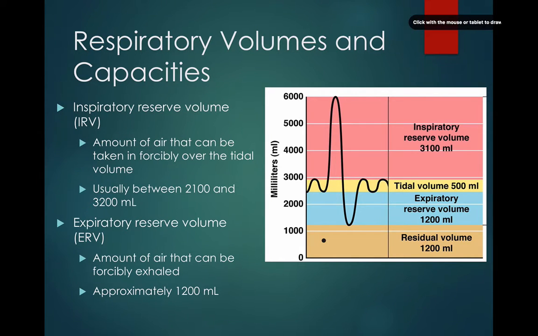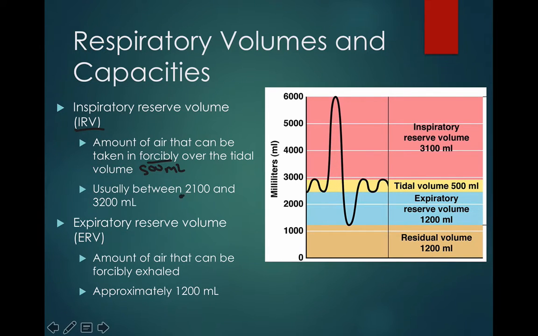All right, so here's where we're getting into a lot of different definitions. The inspiratory reserve volume, sometimes called the IRV, is basically the amount of air that can be taken in forcibly over the tidal volume. Tidal volume is approximately 500 milliliters, but if you were to take a deep inhaled breath, how much air can you actually get in there?